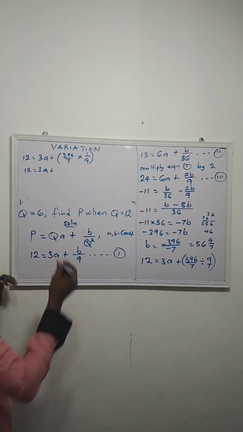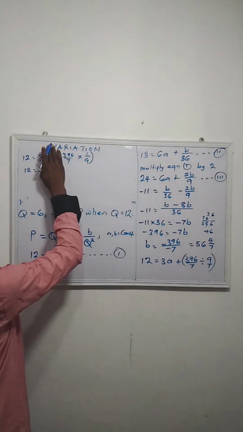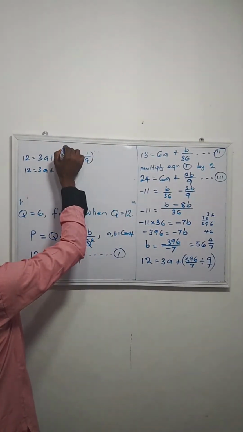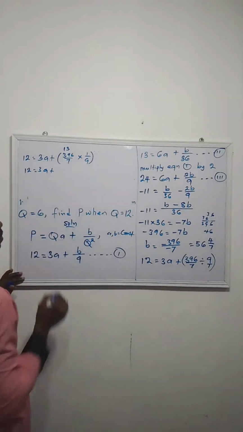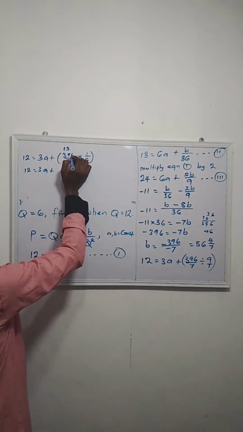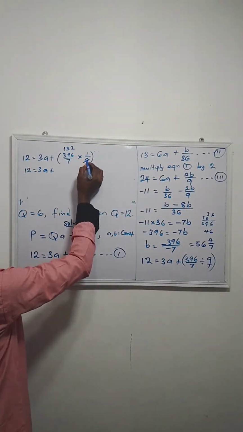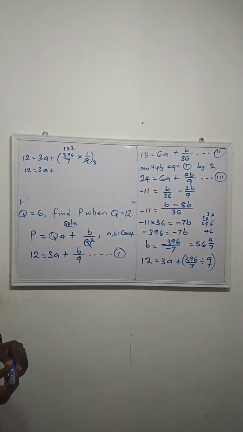I can see that 3 goes here, that's 1. 3 goes in 3, that's 1. 3 goes in 9, that is 3. And 3 goes in 6, that is 2. So 3 goes in 9 here, we have 3.